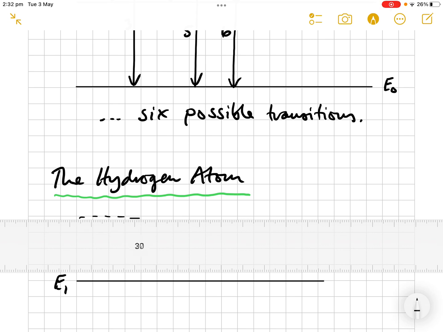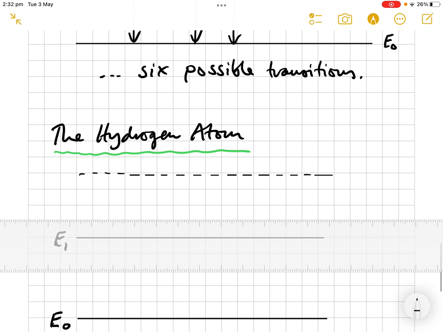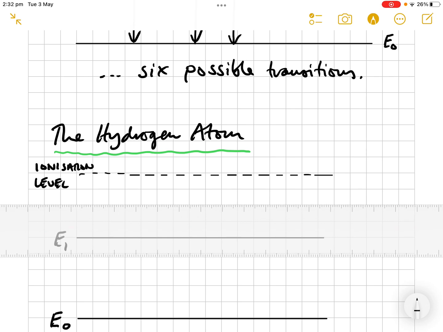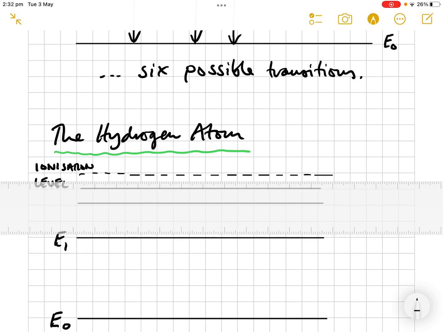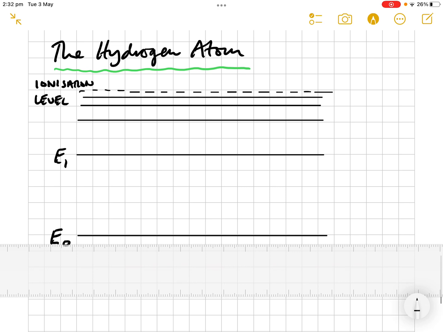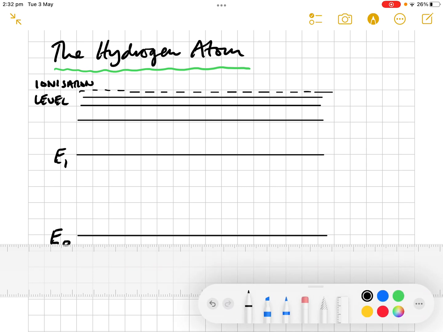But at some position up here, you're going to have the ionization level. And in between there'll be quite a few lines which get closer and closer to each other as you go up.